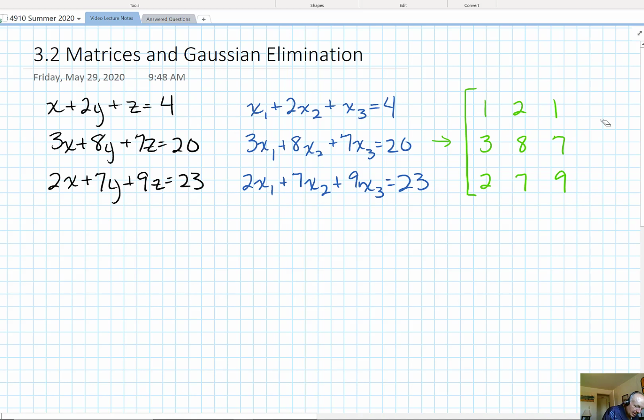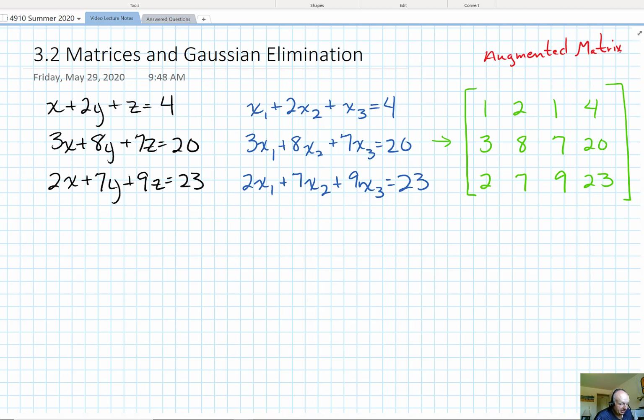What we'll often do, though, when we're dealing with systems, is we will also need to tack on the right-hand side as our last column. And now this becomes what we call an augmented matrix. Whenever you see that augmented matrix, it means it's the coefficients augmented, or in addition to, the right-hand side.